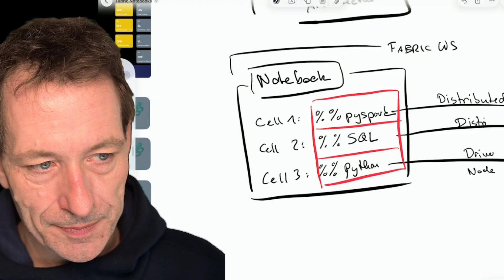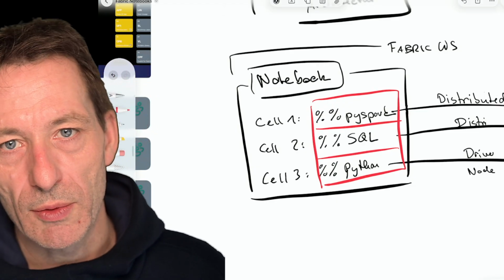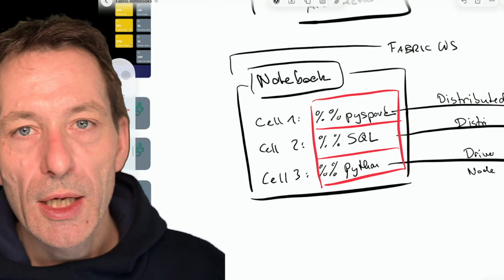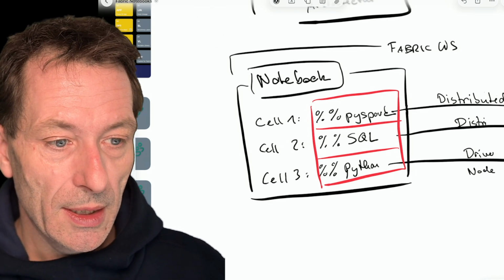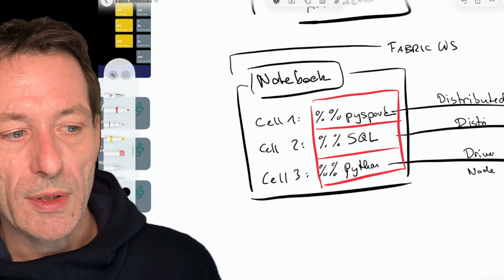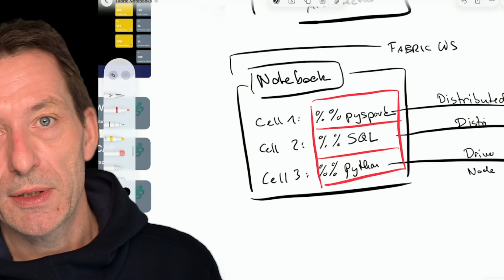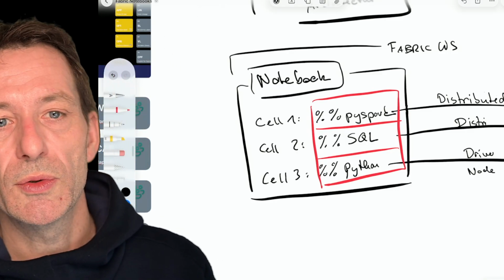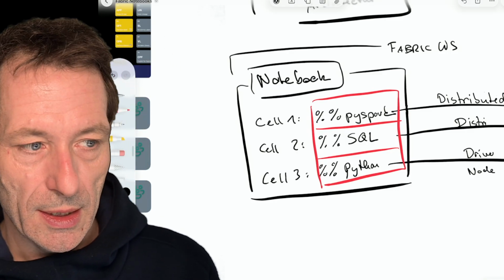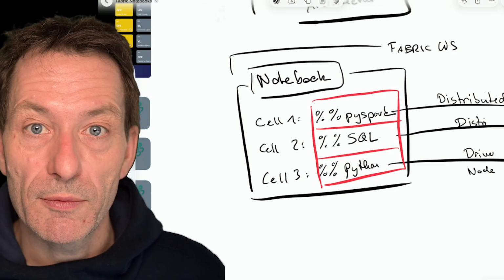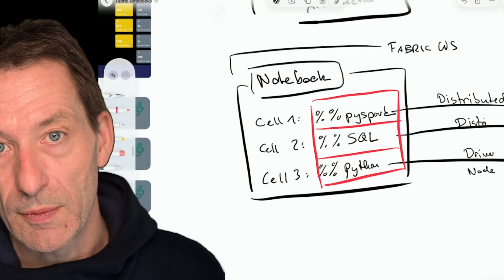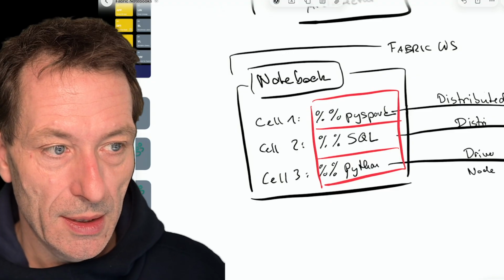The last one, the Python one, runs only on the driver node, which is okay when you have not so much data, right? That's absolutely fine. So Python runs only on the driver. It's fast, but it doesn't scale. PySpark distributes to all the executors. It's much faster, but you have the overhead. So there can be very good reasons to just use the Python magic command.